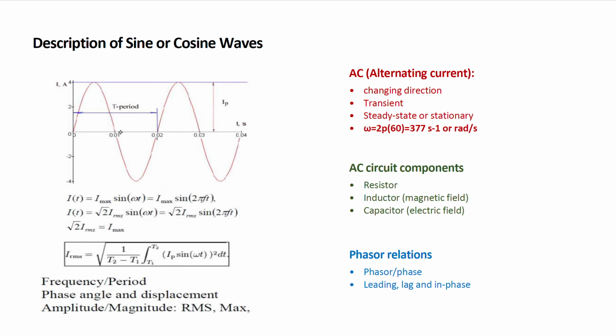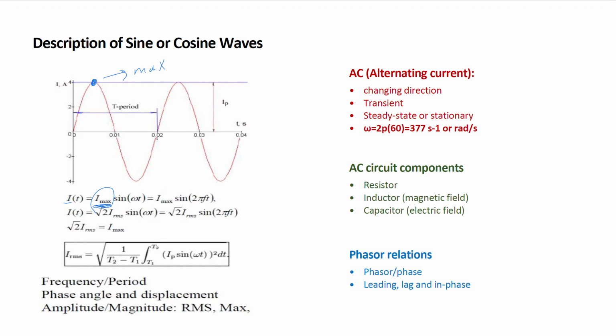Each sinusoidal, based on the coefficients that it has, would reach a peak value. This peak value, we call the maximum value. So this I max, for example, here is going to be the peak value that this current would get when it has a sinusoidal variation.